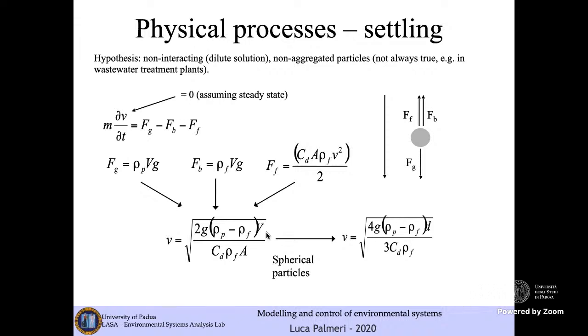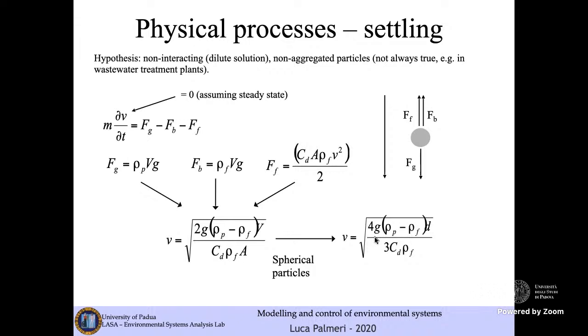You may recall that the volume of a spherical particle is given by 4/3 pi times the cube of the radius, divided by the area opposed to the movement, pi times the square of the radius of the particle. So this is the surface opposed to the movement, multiplied by the drag coefficient here.